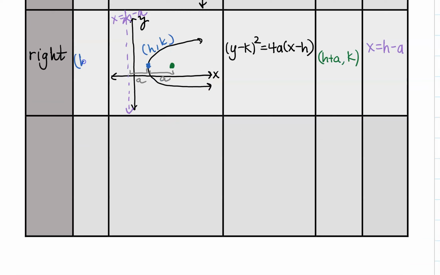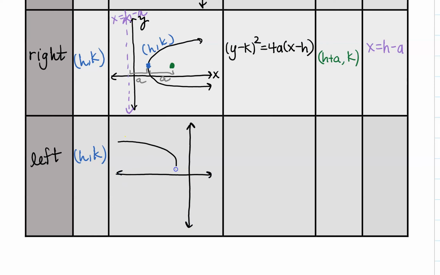And then finally, the last thing that we will look at is a parabola that opens to the left. It will still have its vertex at the point HK. So let's say that that parabola looks something like this, opening to the left. I will go ahead and label the vertex on it.